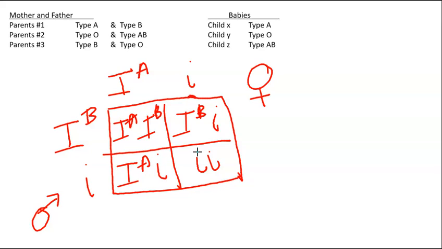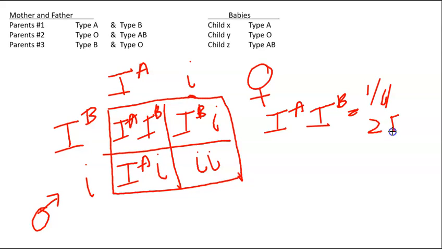So with this combination, we can see that one square has the genotype IAIB, which is the phenotype for type AB blood. 1 out of 4. So 25% chance of their child being type AB blood.